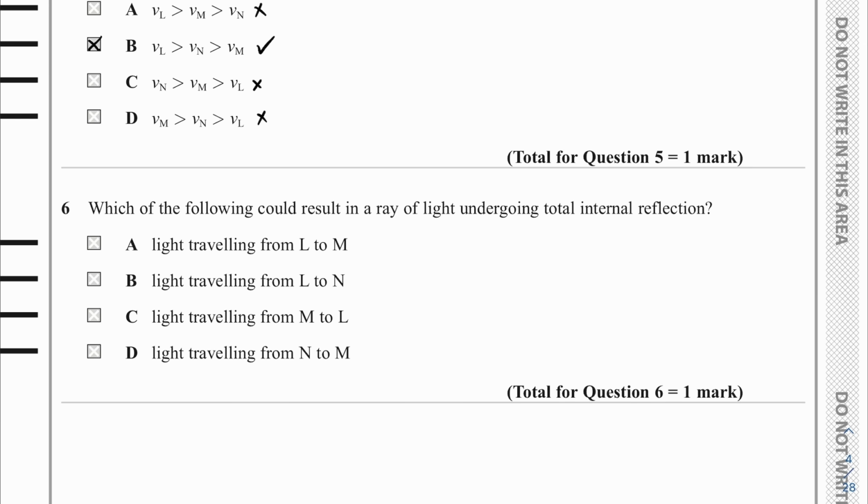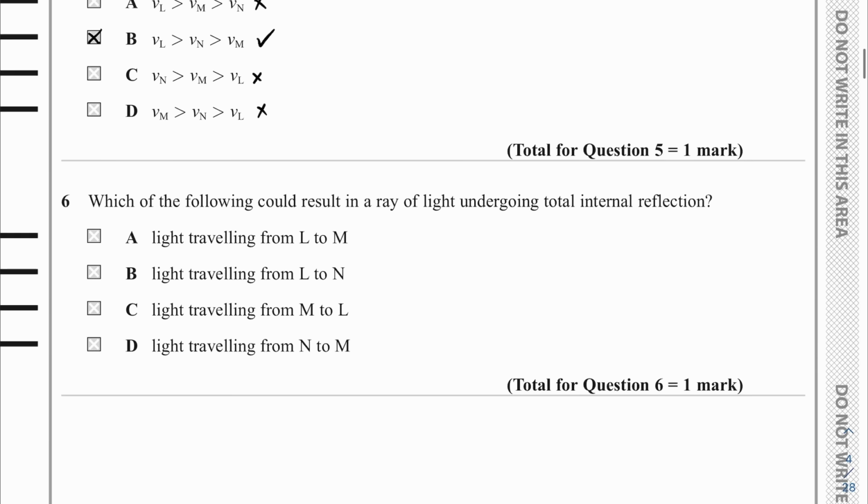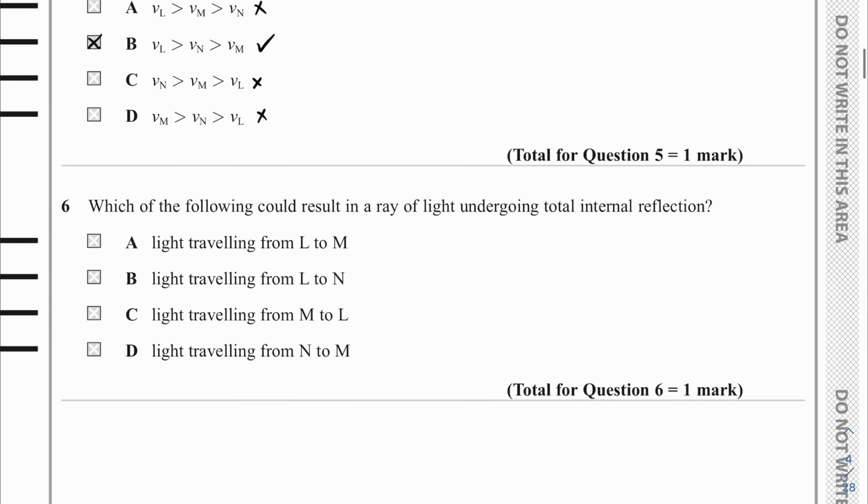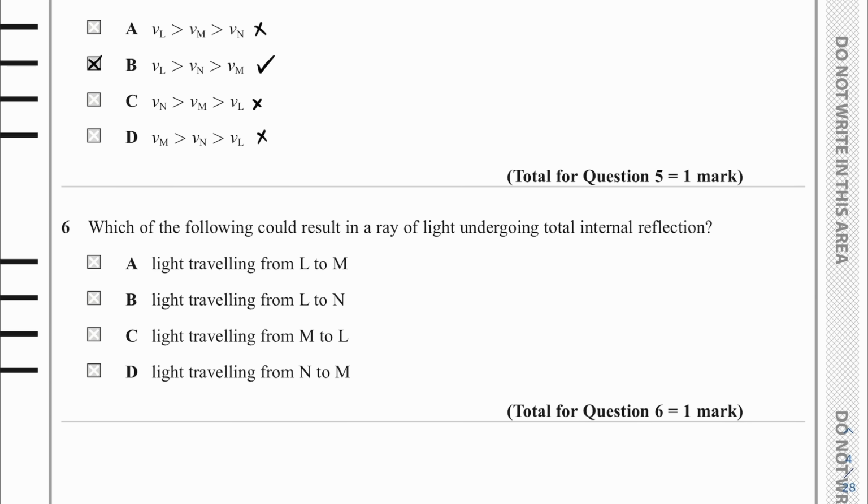Question 6 says, which of the following could result in a ray of light undergoing total internal reflection? Total internal reflection. Okay. What does total internal reflection depend on? It depends on going from a more optically dense medium to a less optically dense medium.